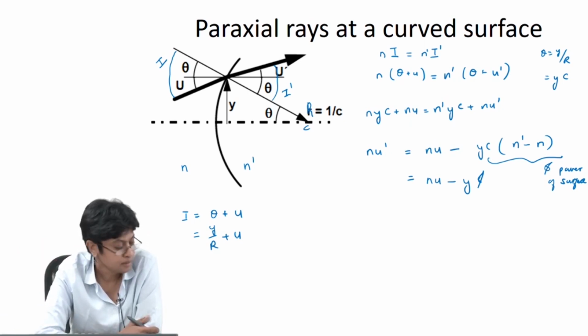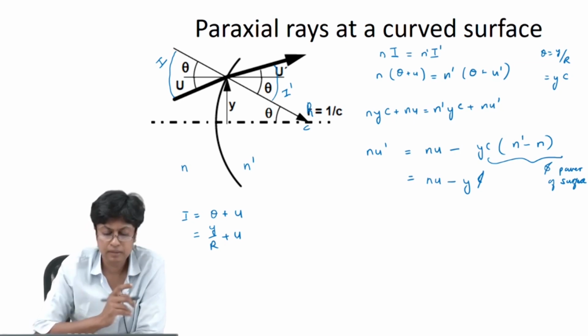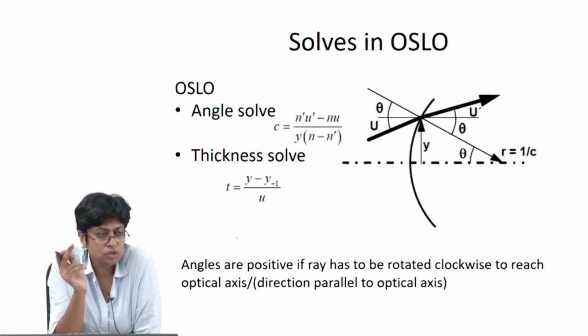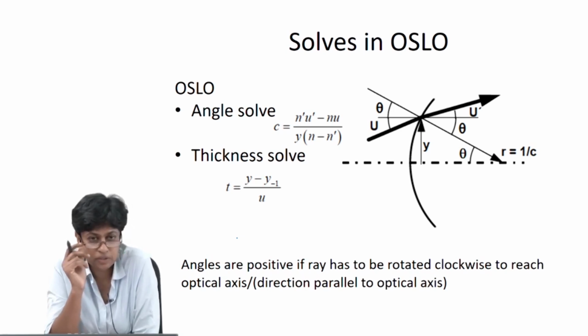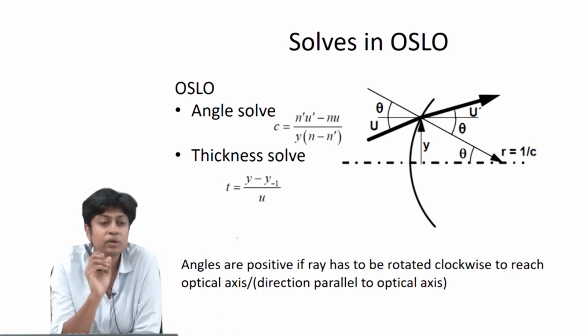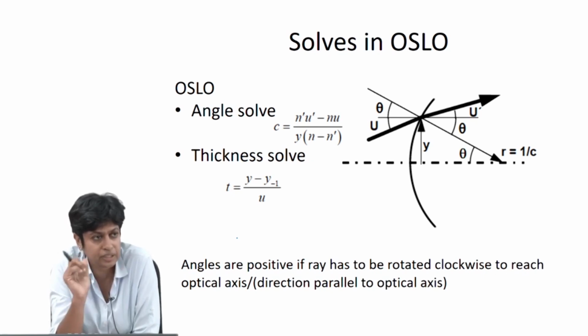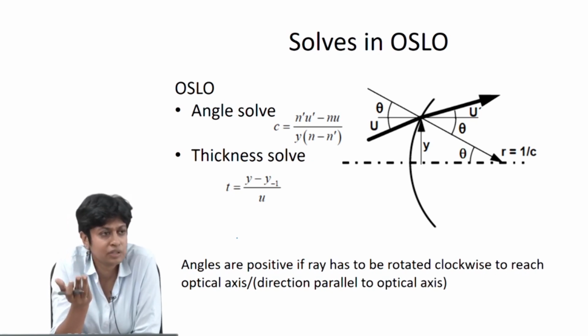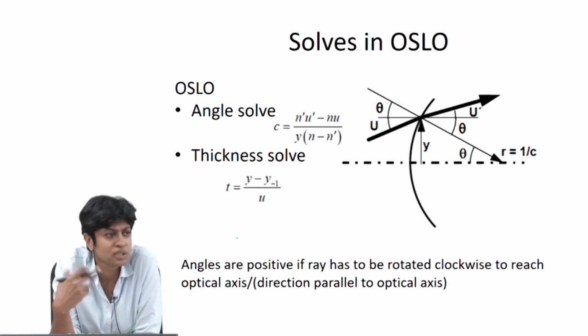Now if I look in a little more detail at OSLO, I said there are different ways of entering information. You could go into the software, into that spreadsheet, and manually enter values. So what are the values you're typically entering? You might be entering the radius of curvature, distance, which they call thickness, or choosing a material, a glass type, and so on.